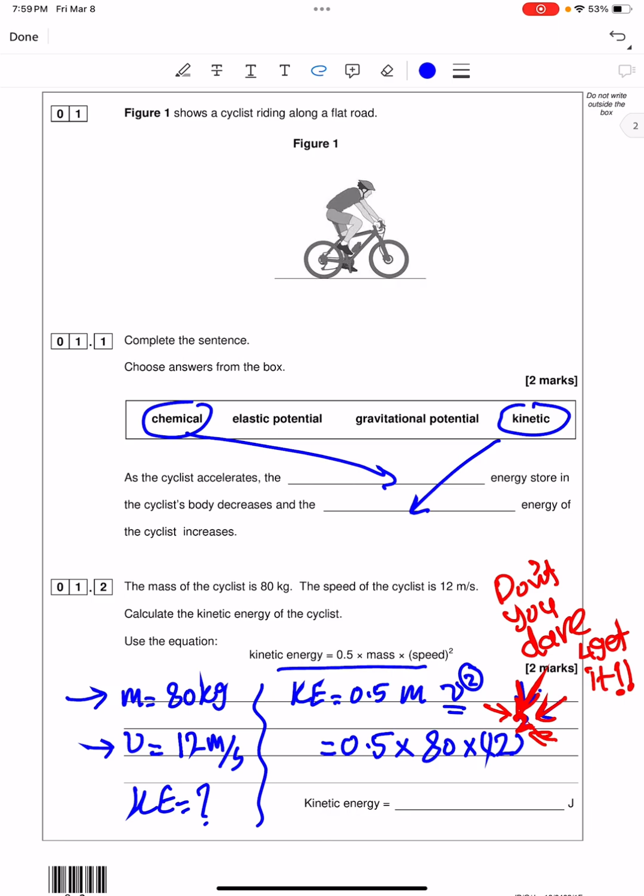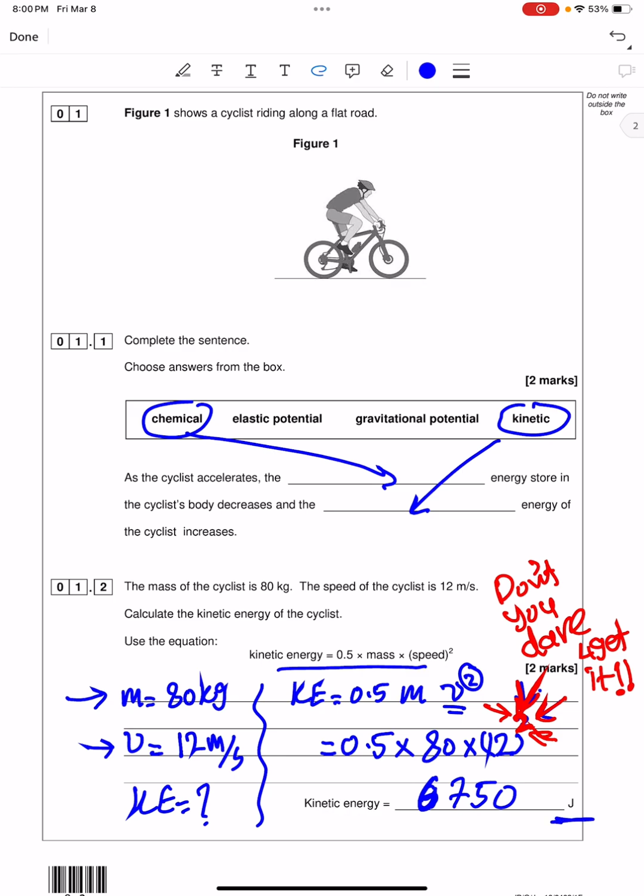So, all I have to do is now half, or 0.5, times 80 times 12 squared. And just use your calculator and you will have your answer. Yeah. So it is 6,750 joule.